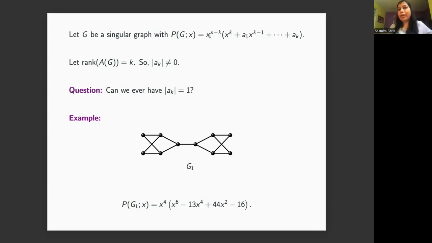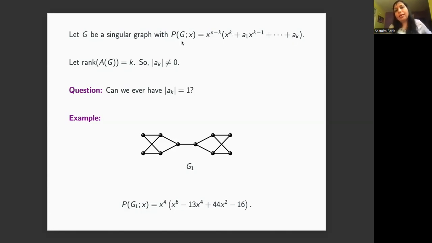Then n minus k eigenvalues are 0, so the polynomial will take this form, where x to the power n minus k can be taken out. Here ak is the coefficient of x to the power n minus k, the smallest non-zero coefficient you are assuming. So let us take AG to have rank k, and I'm taking ak, which is non-zero. Okay, so we asked whether this ak can be plus 1 or minus 1.